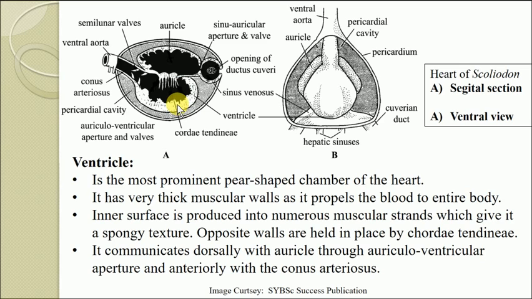Now it communicates dorsally with the auricle through the auriculoventricular aperture, and on the anterior side it communicates with the last chamber of the heart, the conus arteriosus. So once blood comes into the ventricle, it goes into the next chamber, the conus arteriosus.